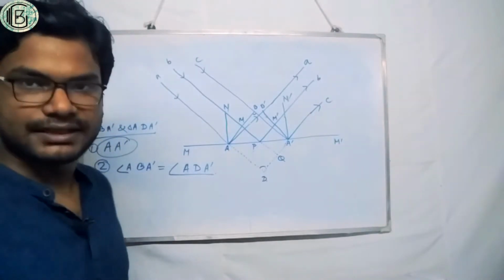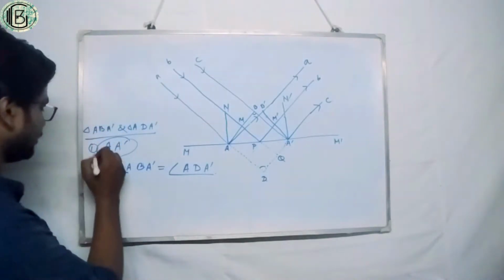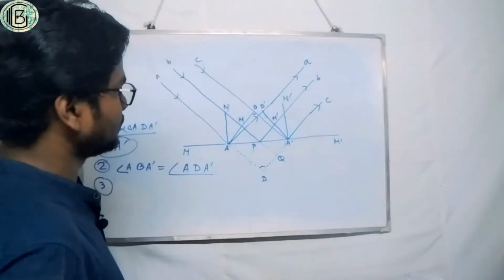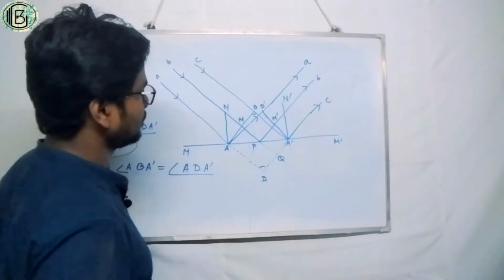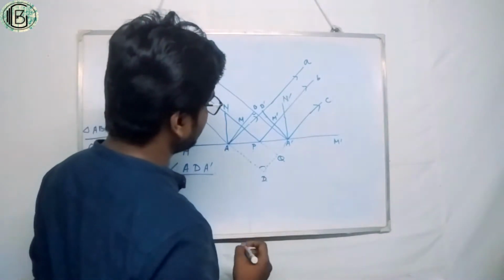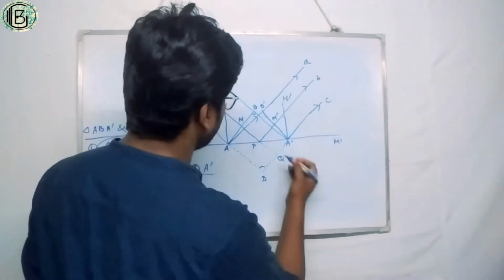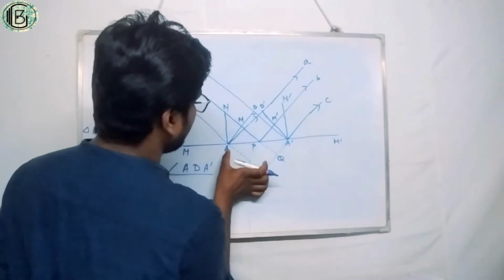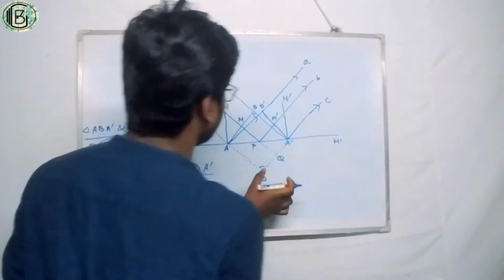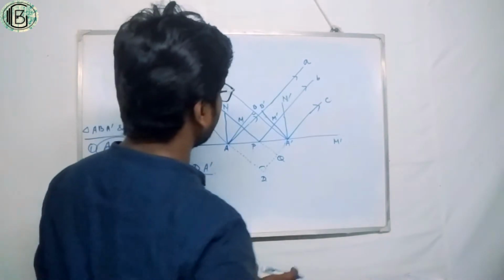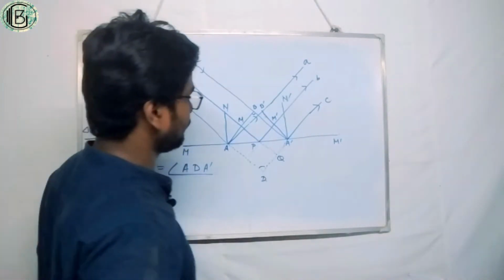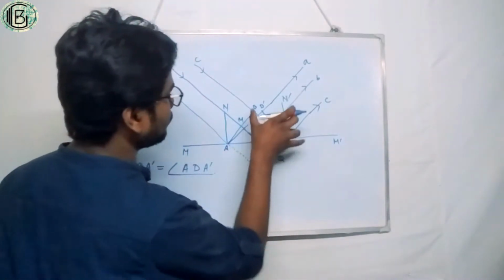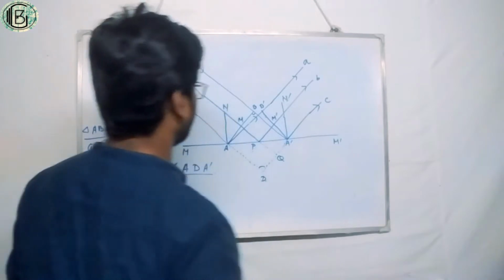Now our third step is to get another equal part. In the third step, you can see that we have taken AD equal to A B prime.